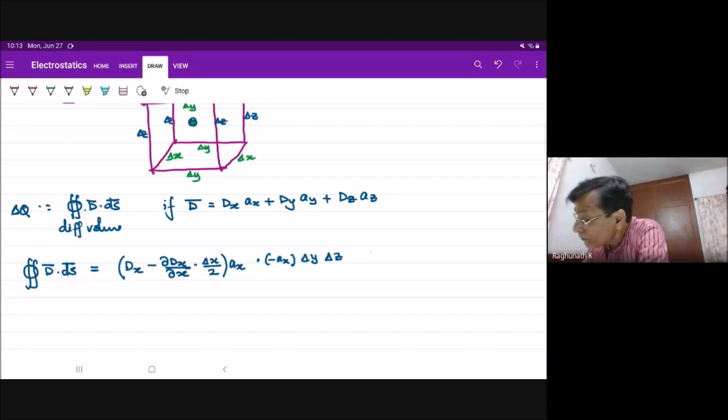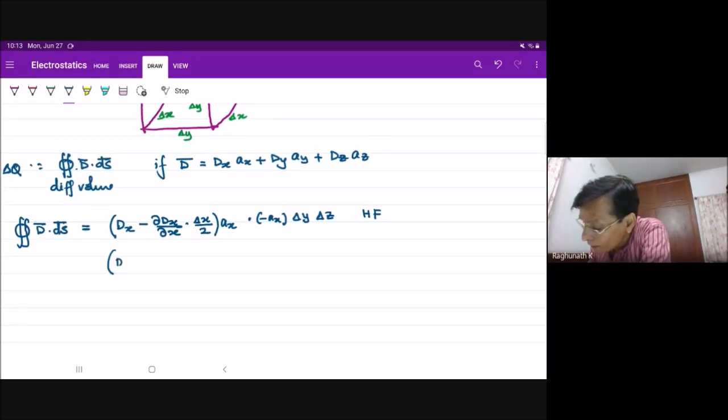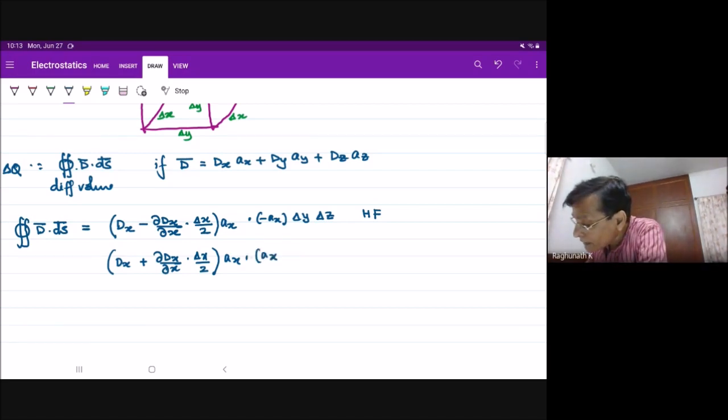This is for the hind face. For the front face, Dx plus dou Dx by dou x into delta x by 2, ax dot plus ax delta y delta z, front face. Please check whether it is clear. Is it clear?